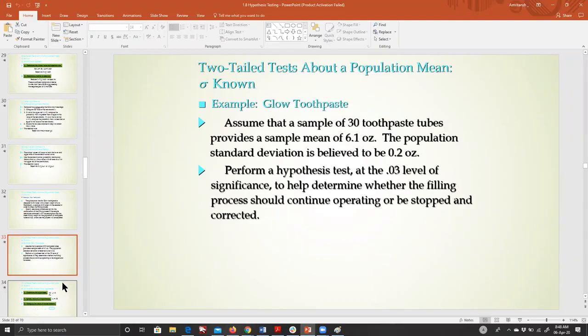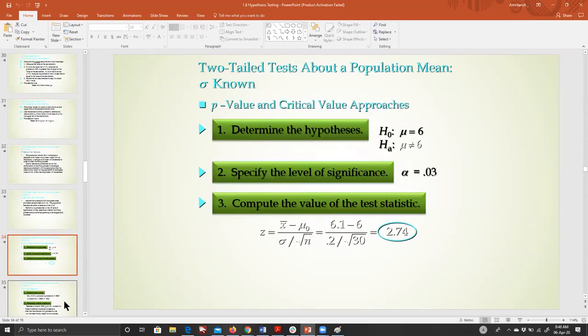So how do you solve this, guys? What are the steps? First is the hypothesis. So what is the hypothesis?